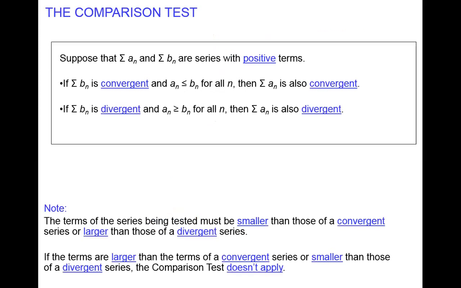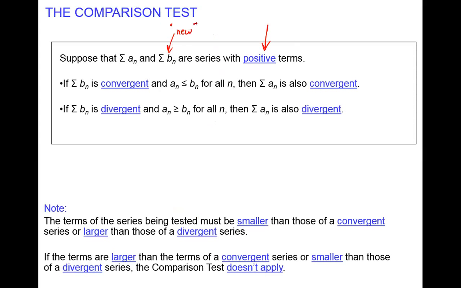Okay, and that's the test. Suppose that the series A sub n and series B sub n are series with positive terms. That's what I'm trying to stress. And then that's how we can compare. B sub n is the new one, that's my new one.